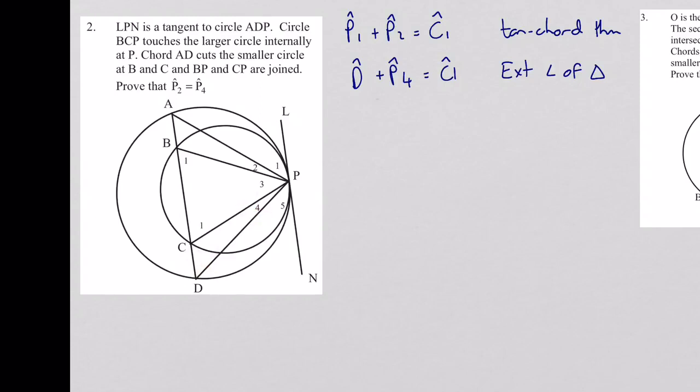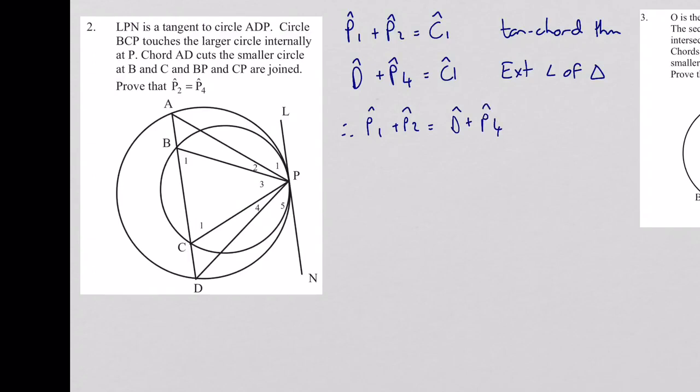So you see what I've done here? They want P2 and P4, so I've specifically made equations that deal with P2 and that deal with P4. Now we already have that they're both equal to C1. So we can then make the conclusion that must mean that P1 plus P2 equals D plus P4.